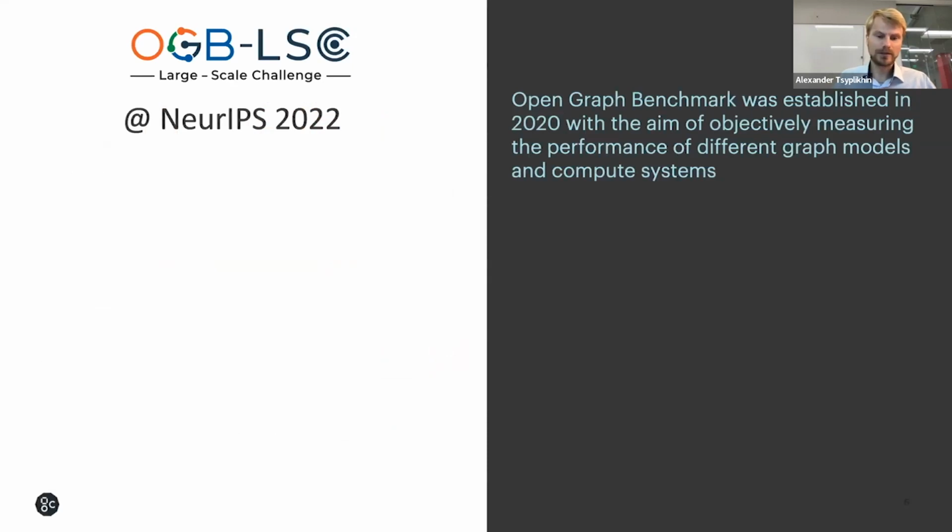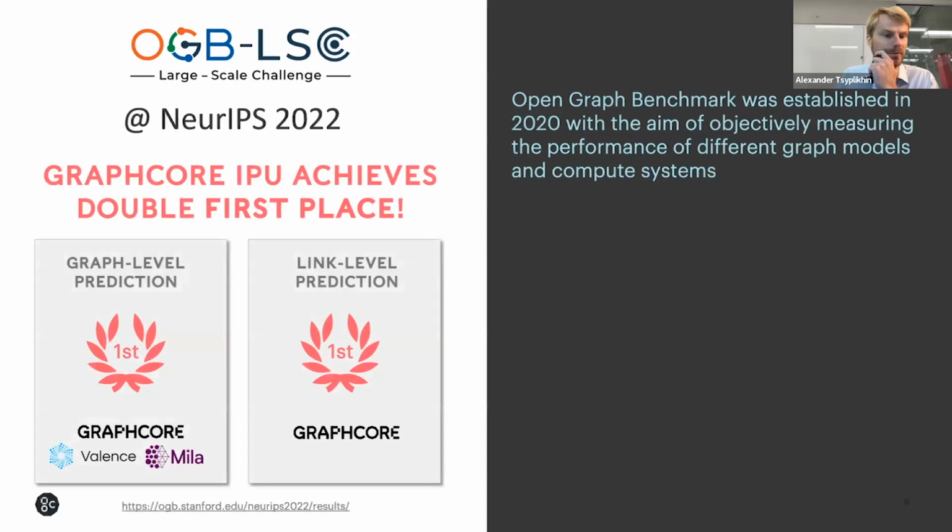Some data points regarding GNN would be the competition that Stanford organizes, the Open Graph Benchmark Large-Scale Challenge, that was published at NeurIPS last year, and the Graphcore team in partnership with Mila and Valence took 2 first places out of 3, which was a very exciting achievement for us because many large companies were also participating and did not take the first place, obviously.